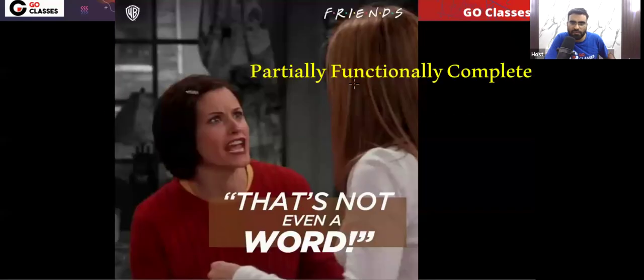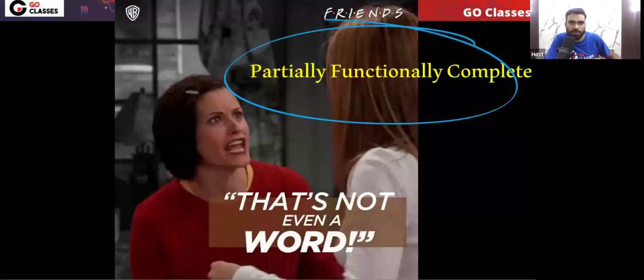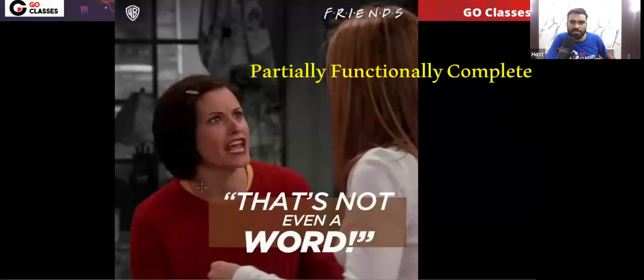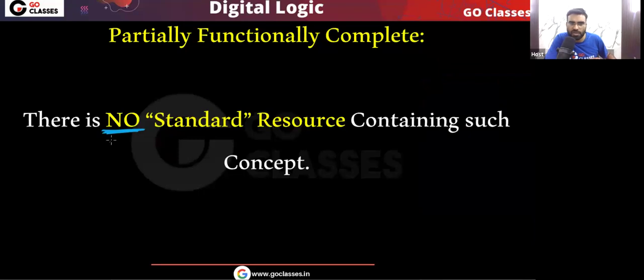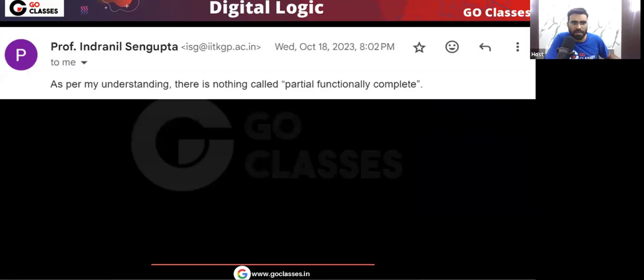This is a self-made word made by some coaching teachers. This is a misconception taught by many coaching teachers. If you have this misconception, just forget about it. This is not a concept in any standard resource. Is this clear?